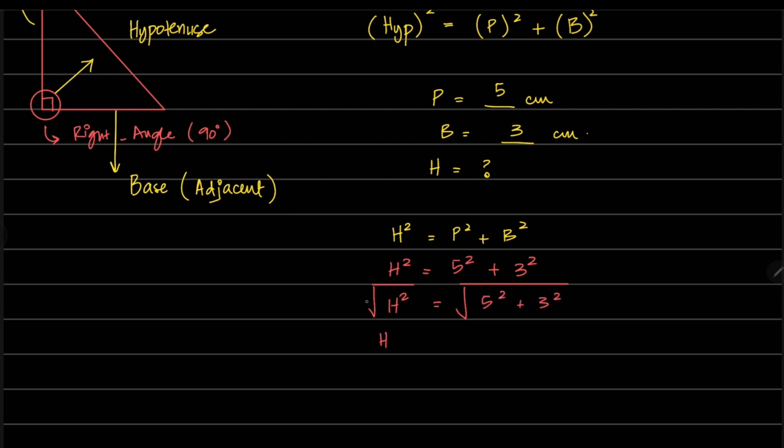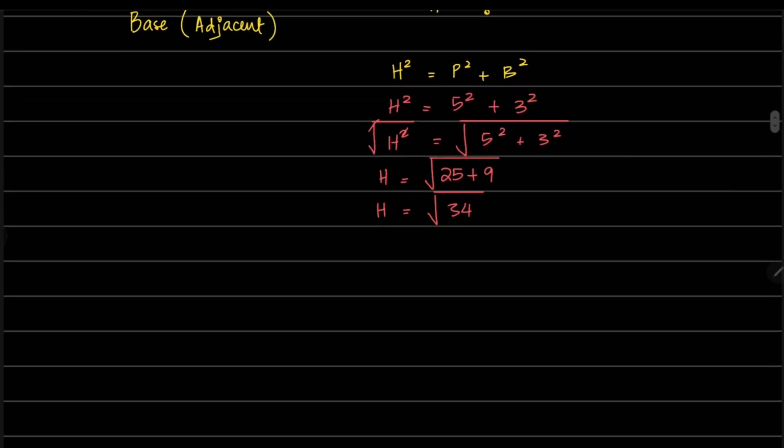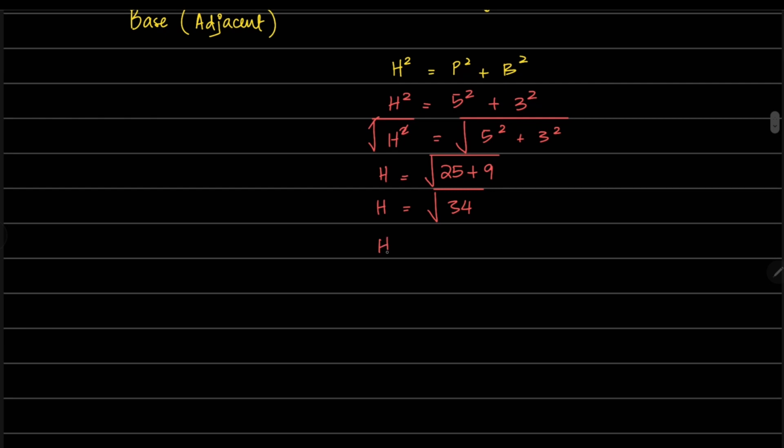The square root will cancel off the square, and on the other side you get 5 squared, which is 25, plus 3 squared, which is 9, which gives you root 34, which is about 5.83 centimeters.